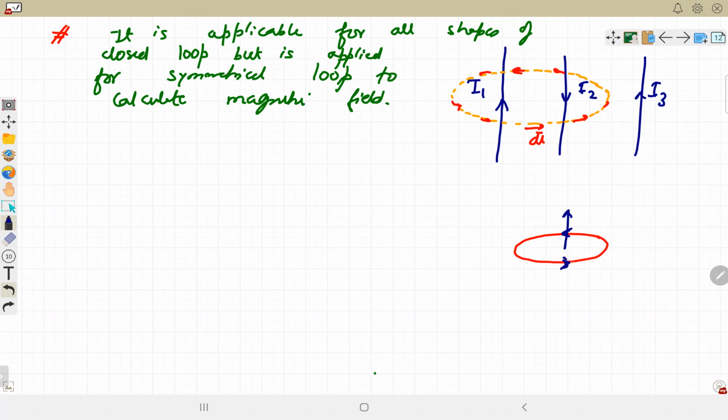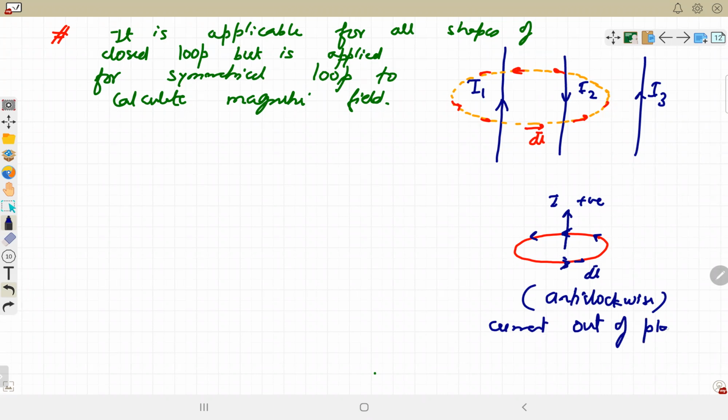That means for the anti-clockwise integration, the current that comes out of the plane will be taken with positive sign and vice versa.